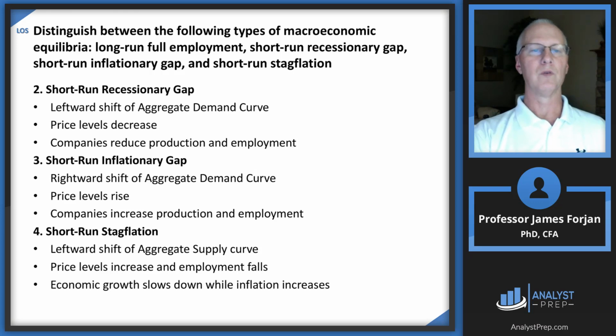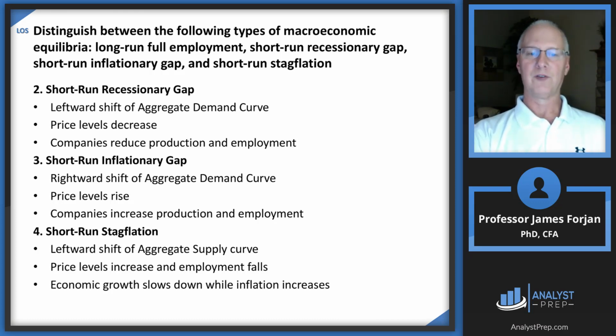How about a short-run recessionary gap? This is a leftward shift of the aggregate demand curve in which price levels decrease, and of course, companies reduce production and employment. Short-run inflationary gap: there's a rightward shift in the aggregate demand curve and the price levels rise.